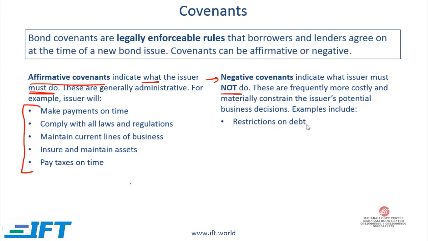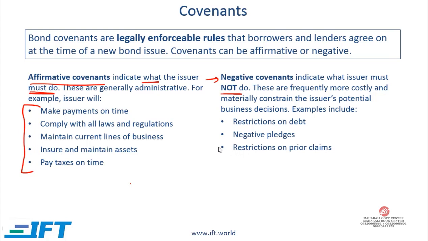This means that the issuer is not allowed to sell more securities or raise more debt because that will increase the credit risk of the existing bondholders. Negative pledges. This prevents the issuance of debt that would be senior to or rank in priority ahead of existing bondholders' debt.